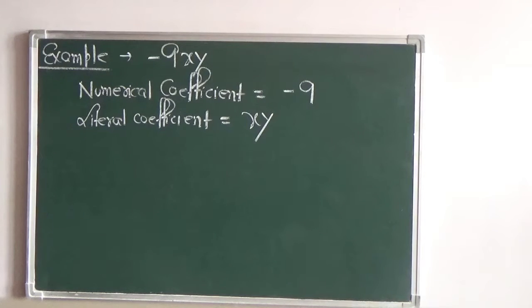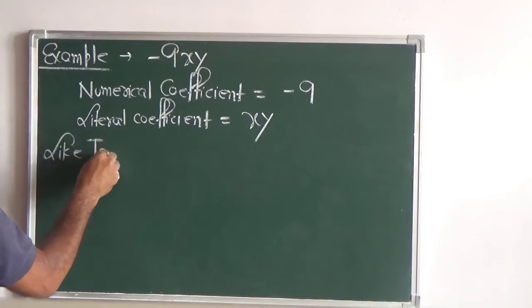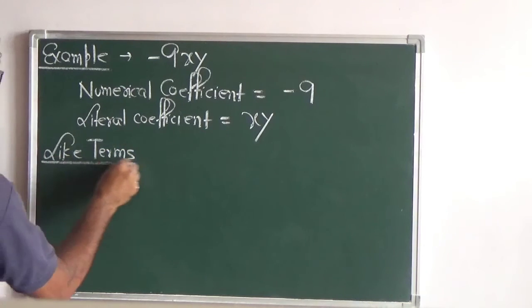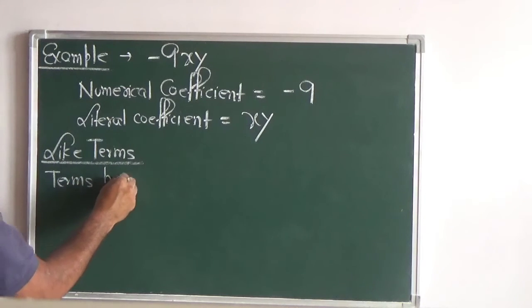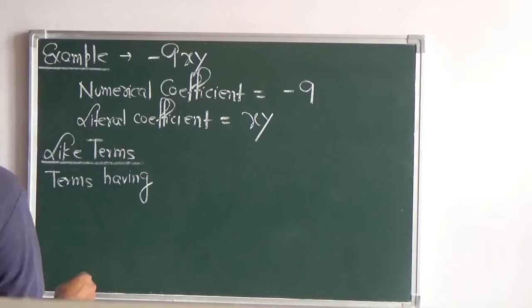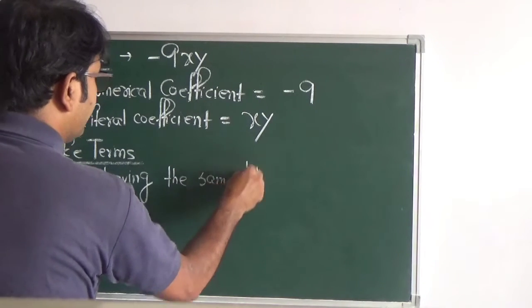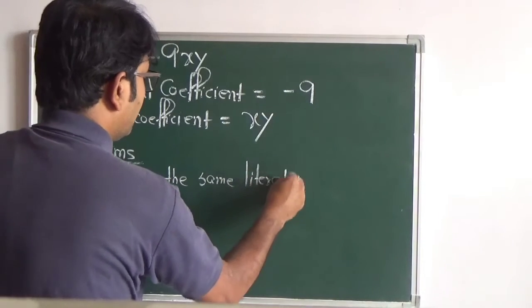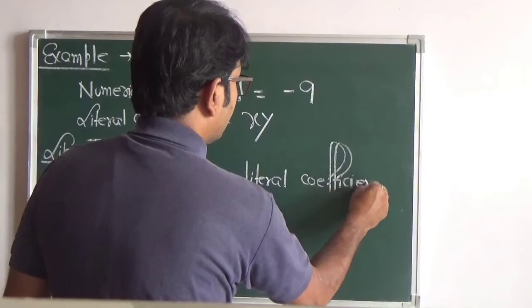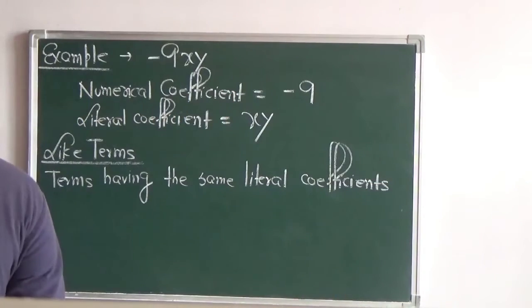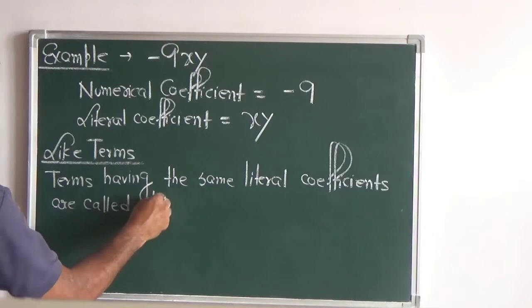Now we will understand what are called like terms. What are called like terms? Terms having the same literal coefficients are called like terms.